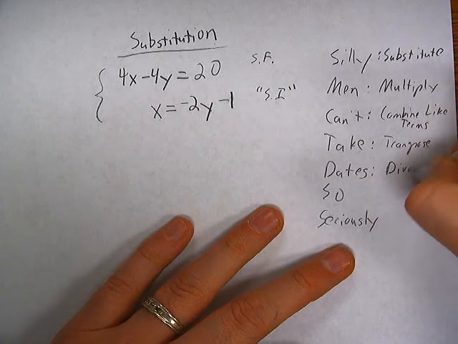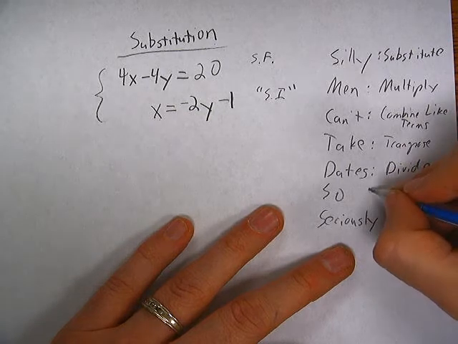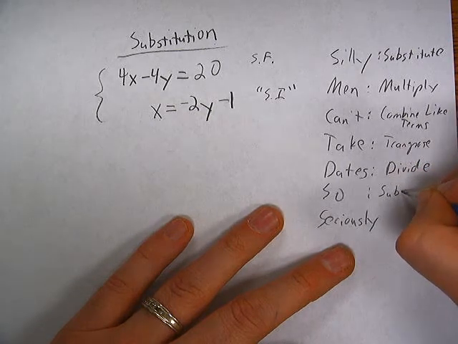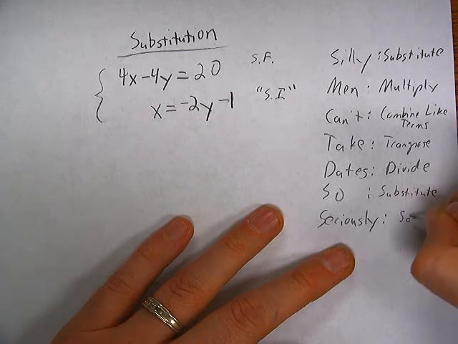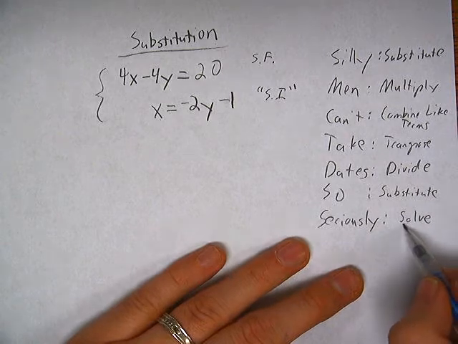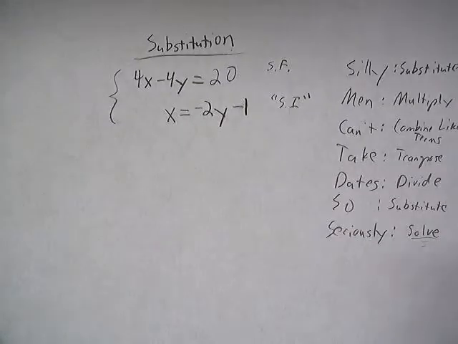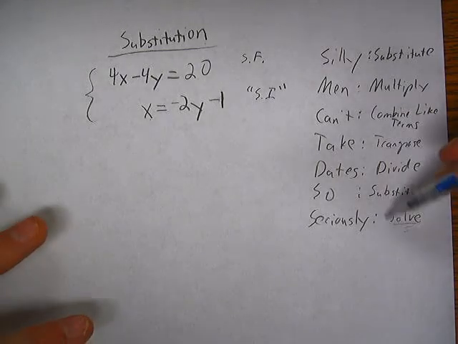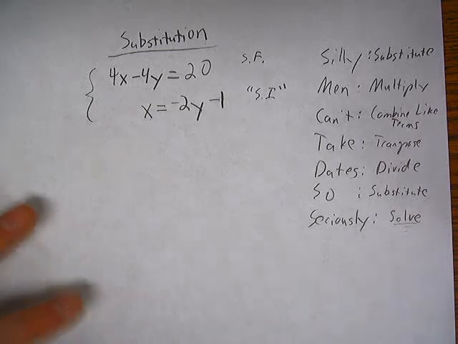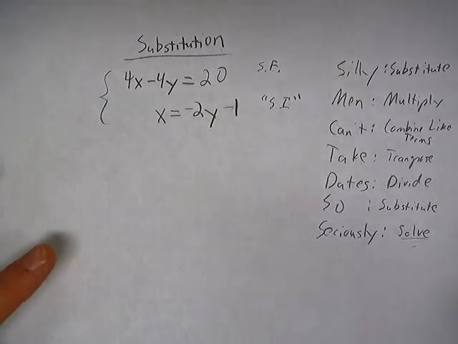D stands for divide. S again stands for substitute. And our last S stands for solve. I don't really like this being part of an acronym, but it's the best that we could do. All of the solving techniques that you learned previously in different units of Algebra 1 are going to come into play, and I'll point that out as we get there. But let's go ahead and plug in and see what we can do here.